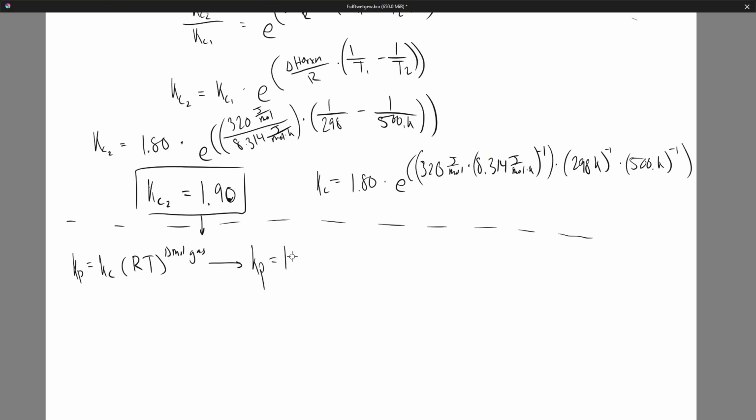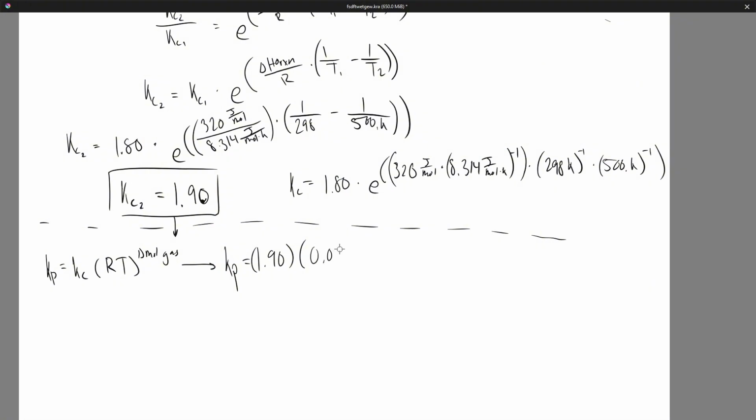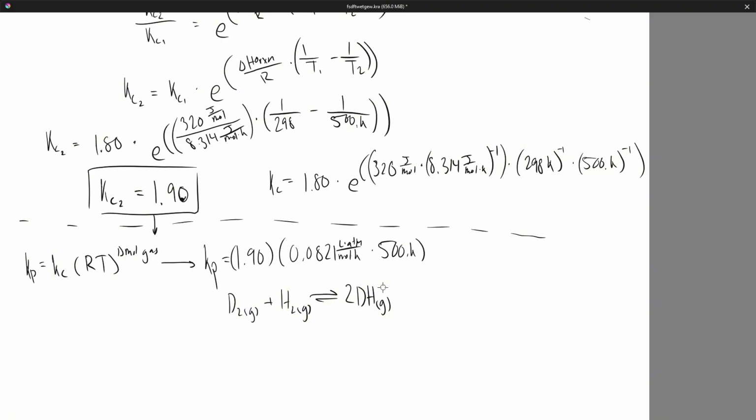Kp is Kc, so 1.90, times R, 0.0821 liters times atmospheres over moles times Kelvin, times temperature, so 500 Kelvin. To find the change in the number of moles of gas, we look at the equation below.